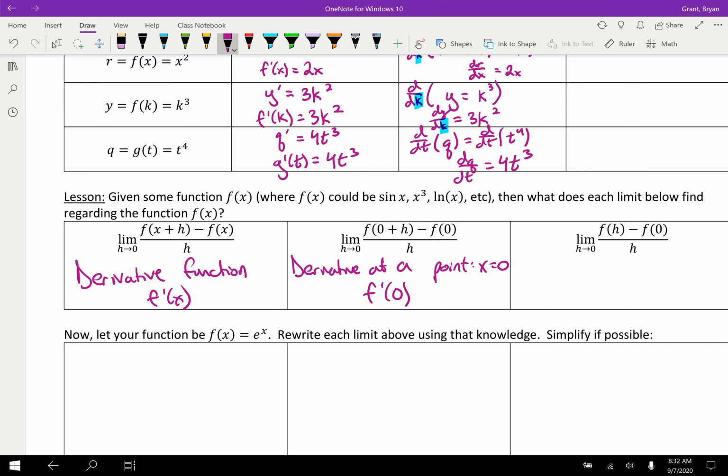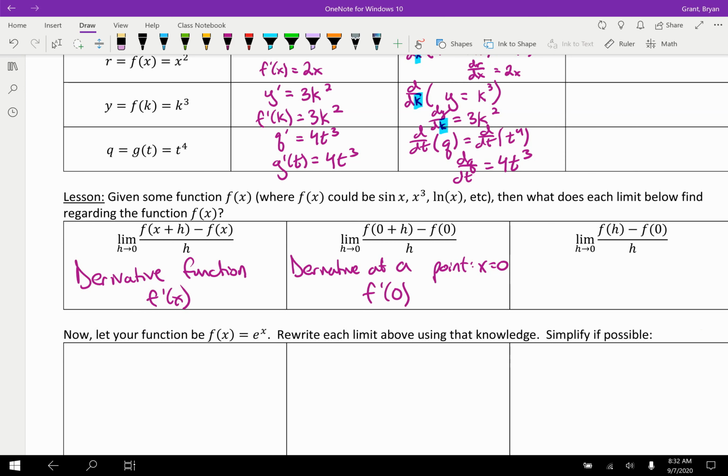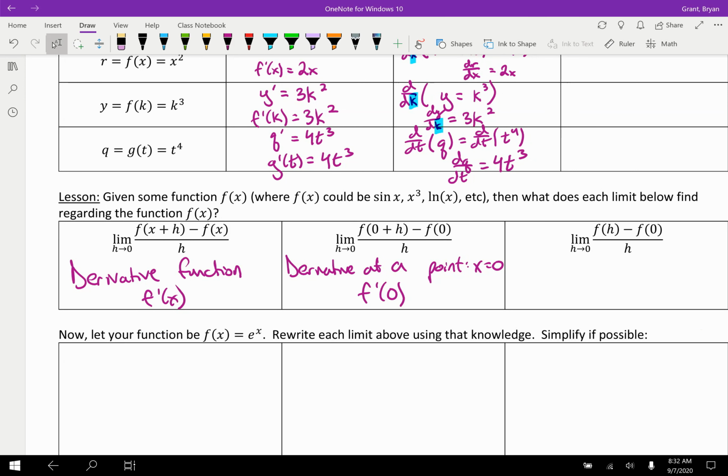We're finding a specific slope here versus an equation over here. And last but not least, well, that doesn't really look like it matches anything. Oh, but wait, doesn't it look like they just simplified this down? Yeah, so they might throw that little curveball at you over here, and you'd have to recognize that this still is a definition of the derivative limit, so it's the exact same thing that's over here. It's still going to find f prime of 0.